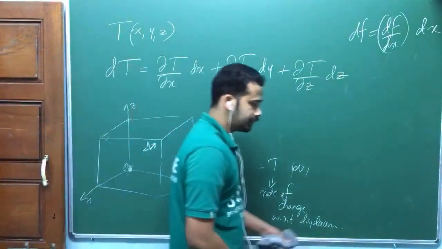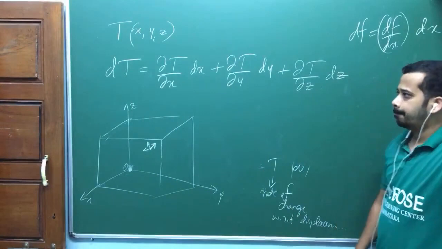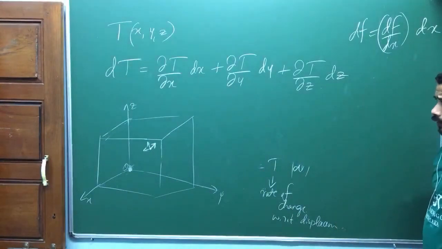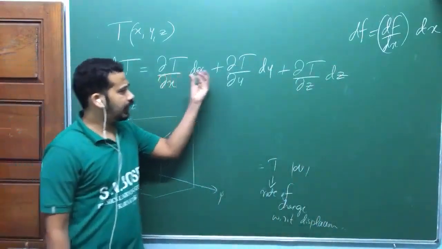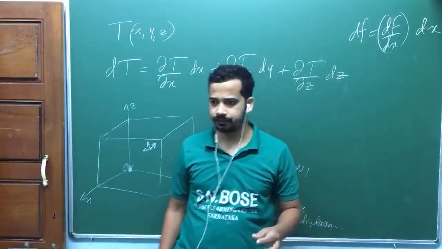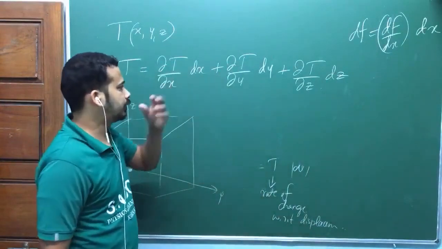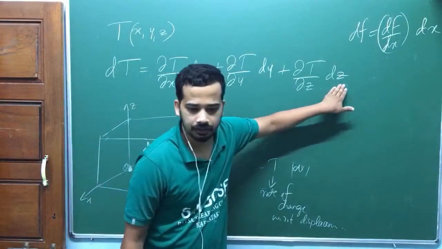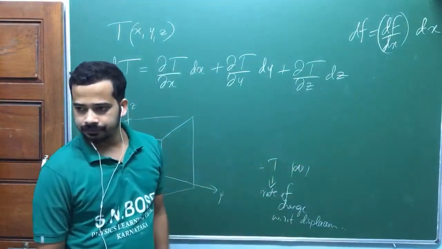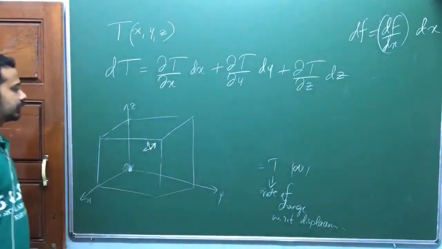If you move in any particular direction, you will change x, y, z, isn't it? Suppose if you move only along the x-axis, dy and dz will be 0, isn't it? Then you can take this part like that.